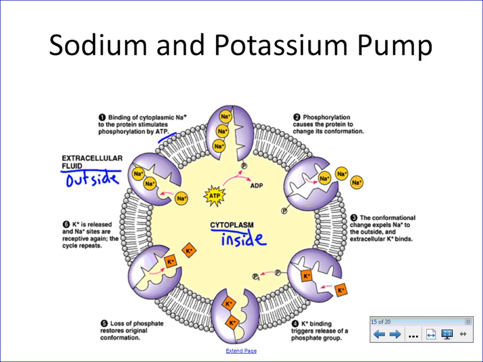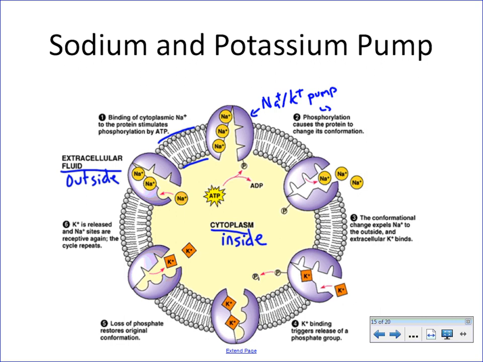We have our cell membrane. Embedded in that cell membrane of the axon is the sodium ion, potassium ion pump. And notice that we use the word pump, which means that this is involved in active transport and uses ATP to transport substances.